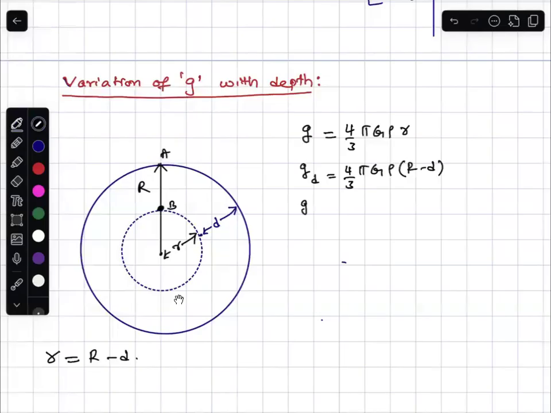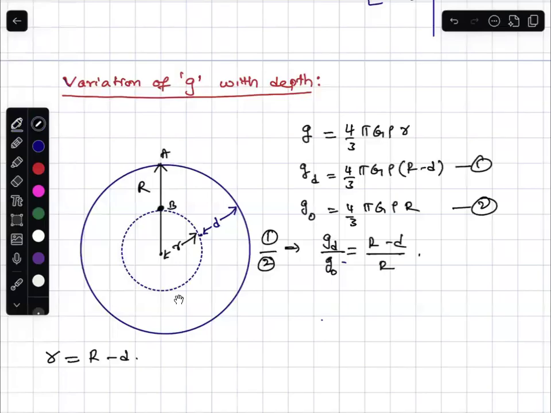So on the surface, you will write simply 4 by 3 pi G rho R. Equation 1, equation 2. Equation 1 by equation 2: gD by g naught is equal to (R minus D) by R. Okay.